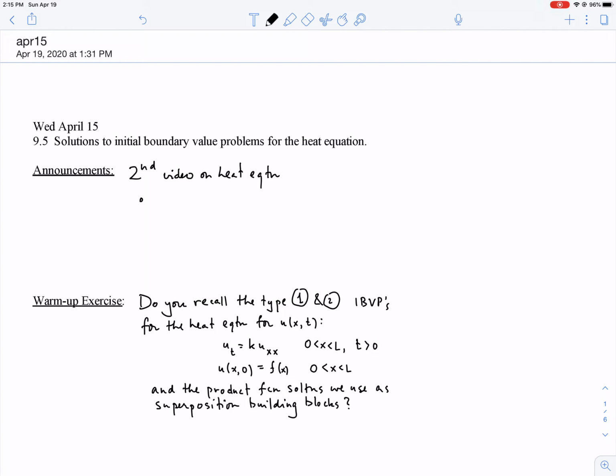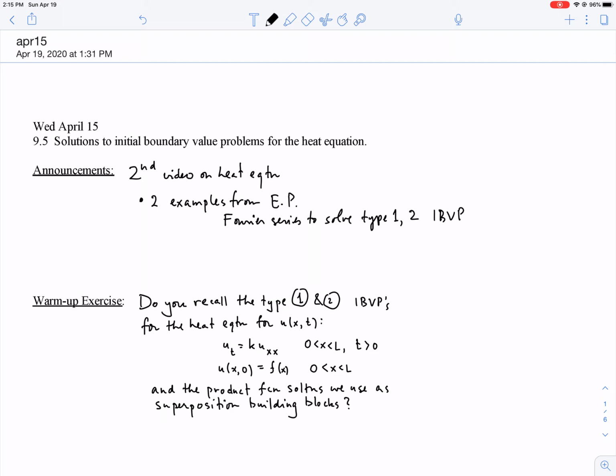We're going to go through two examples from our textbook, Edwards and Penney, where we use Fourier series to solve a type 1 and a type 2 initial boundary value problem.